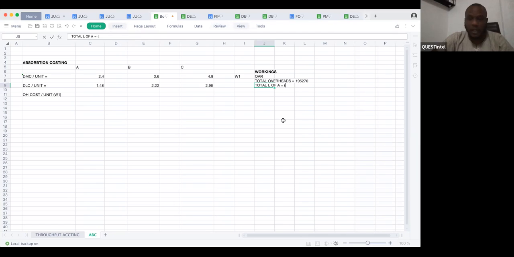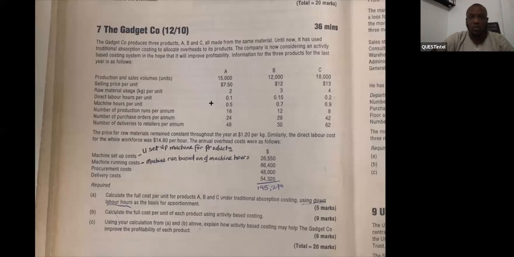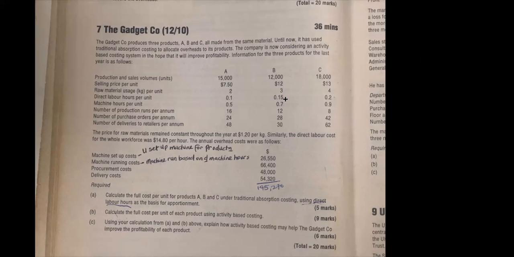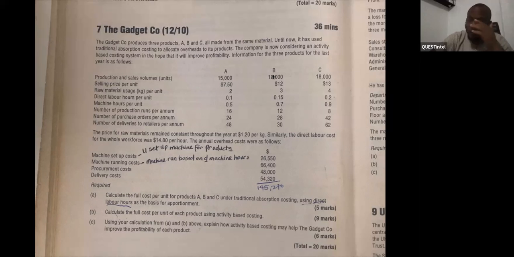So we're going to do for A, B, and C. So our labor hours for A is 0.1 per unit, and we have 15,000 units. Then for B, 0.15 labor hours, and we have 12,000 units. And then for C, we have 0.2 and we have 18,000 units.